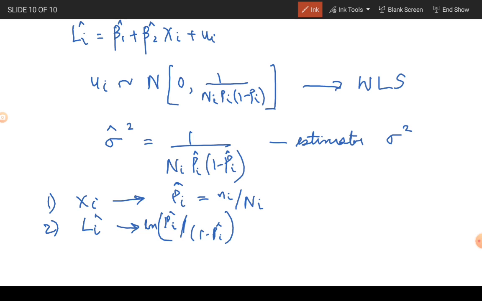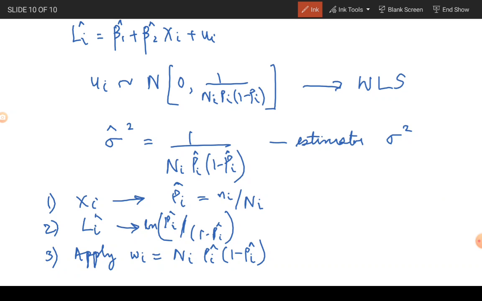We know that this model suffers from heteroscedasticity, so obtain the weighted least squares equation, using the weighted least squares method, where the weight to be applied, Wi, will be Ni times pi hat times 1 minus pi hat.